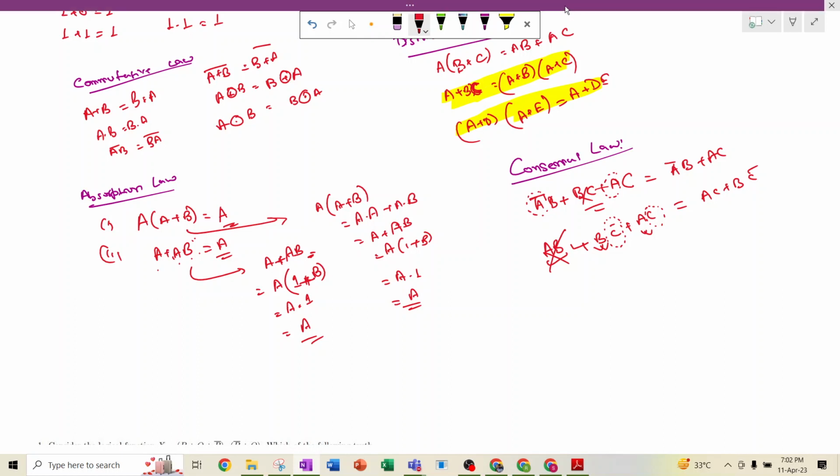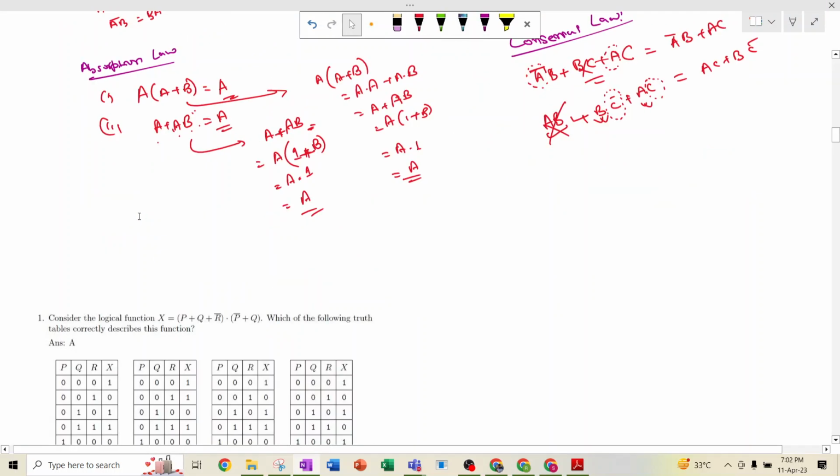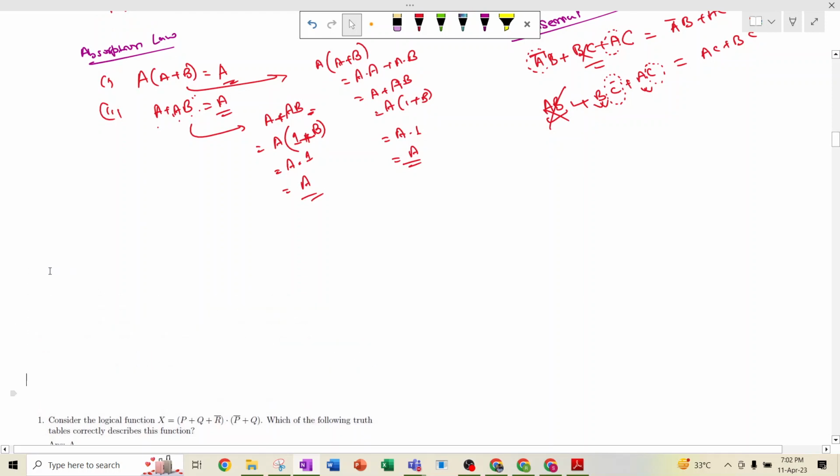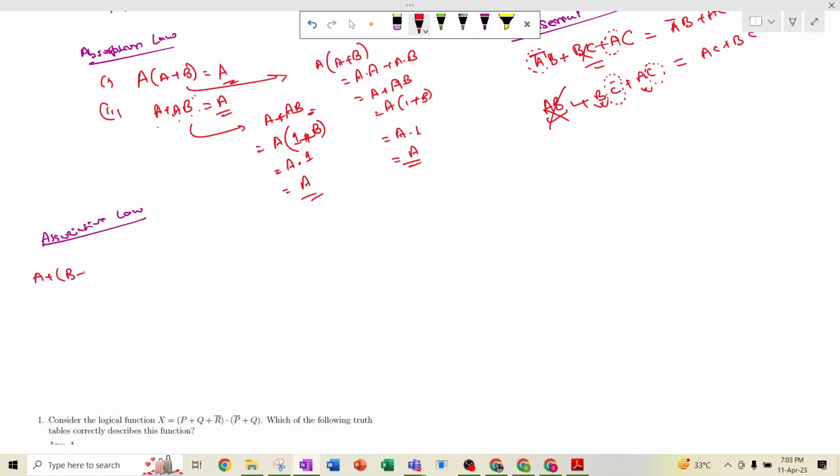So the associative law, if we discuss, associative law means, suppose one equation is like this: a plus b plus c.